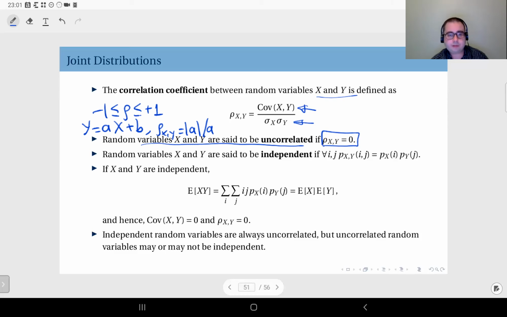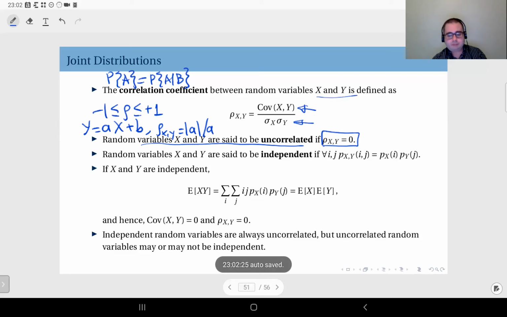So what is independence? We talked about independence in the context of events. And there, if you remember, we defined independence in terms of conditional probabilities. If the probability of A is equal to the probability of A given B, which means the event B has no effect on event A, we say that they are independent. And actually, the definition is the same with random variables, but since we didn't study conditional distributions, I'm not going to give that definition.